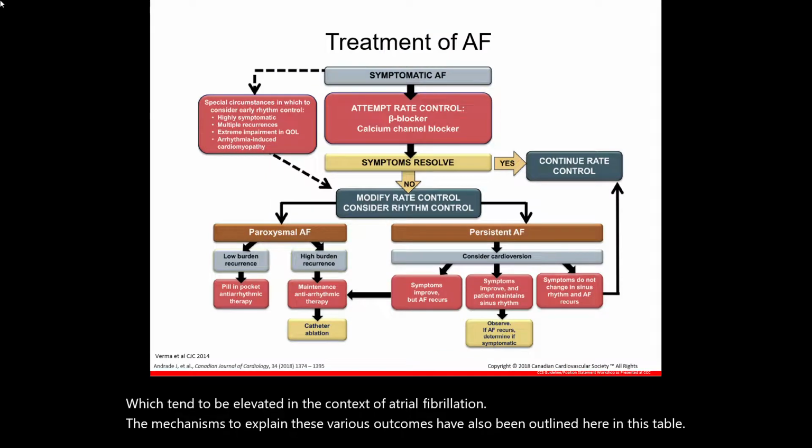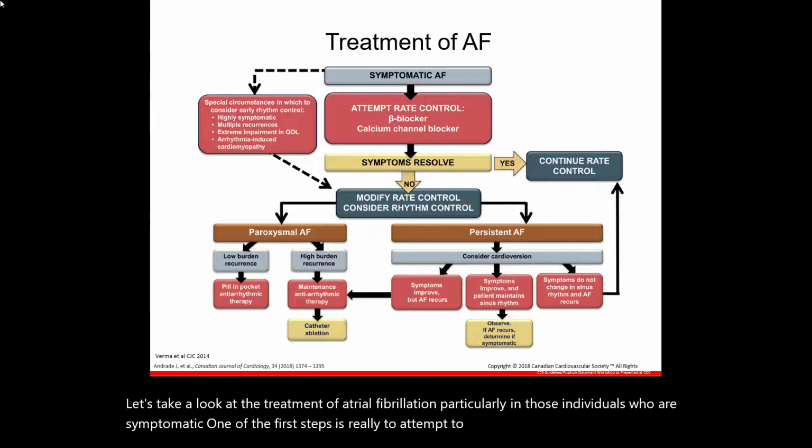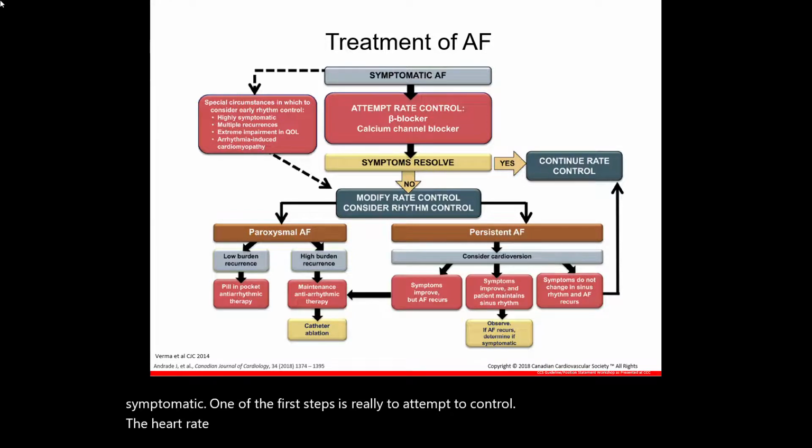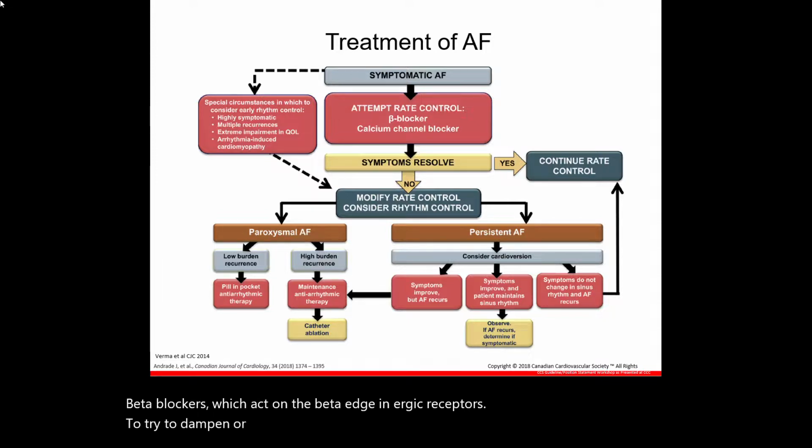Now let's take a look at the treatment of atrial fibrillation, particularly in those individuals who are symptomatic. One of the first steps is really to attempt to control the heart rate, and this can be done through the use of beta blockers, which act on the beta adrenergic receptors to try to dampen or mute the high heart rate.